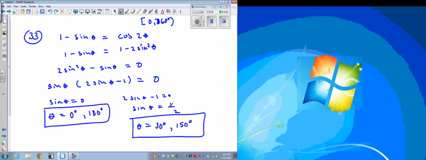What is the one value you get when you put 1/2 in and go sine inverse? 30. So if you were using your calculator, it would only give you this, and you'd have to figure out what this one was. See what I'm saying?